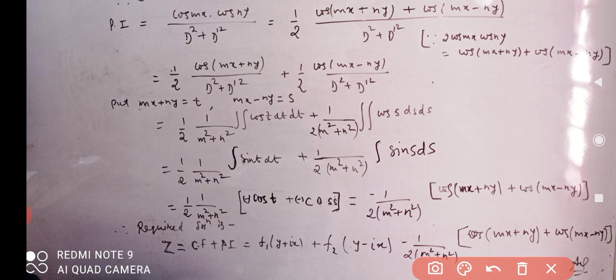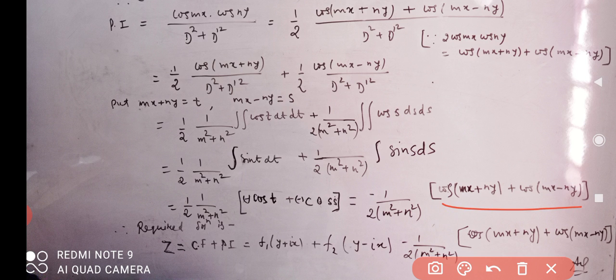One more time we have to integrate, so this becomes 1 by 2 times 1 by m square plus n square, minus cos t plus minus cos s. I have taken 1 by 2(m square plus n square) outside because it is common in both terms. After solving, we have minus 1 by 2(m square plus n square) times the bracket cos(mx plus ny) plus cos(mx minus ny).